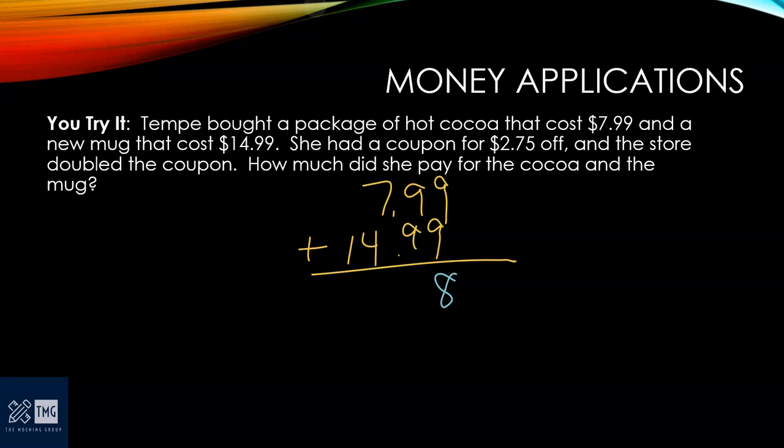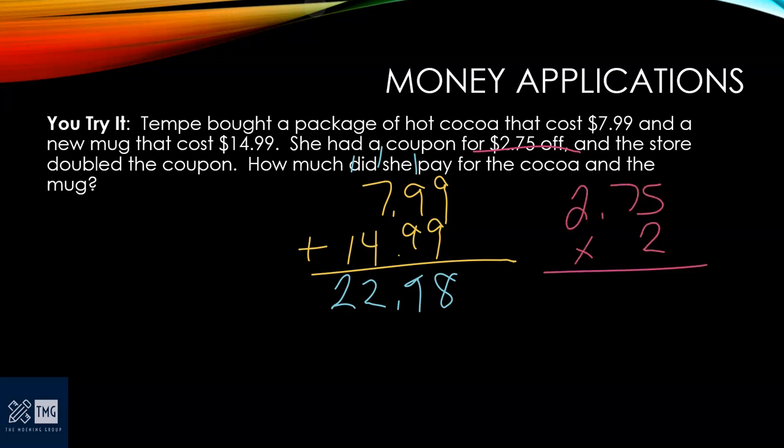So 9 plus 9 is 18, carry my 1. 1 plus 7 plus 4 gives me 12, carry the 1, and I get 22. So $22.98 is the cost of the items. But don't forget, we have a coupon for $2.75, and they are doubling it.